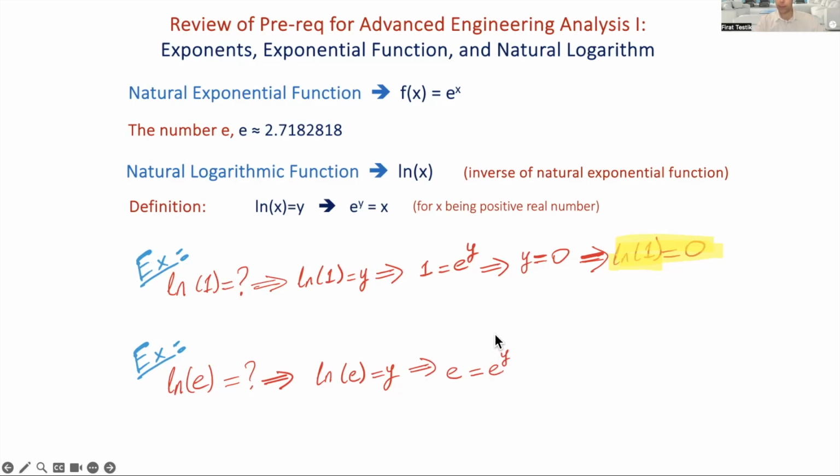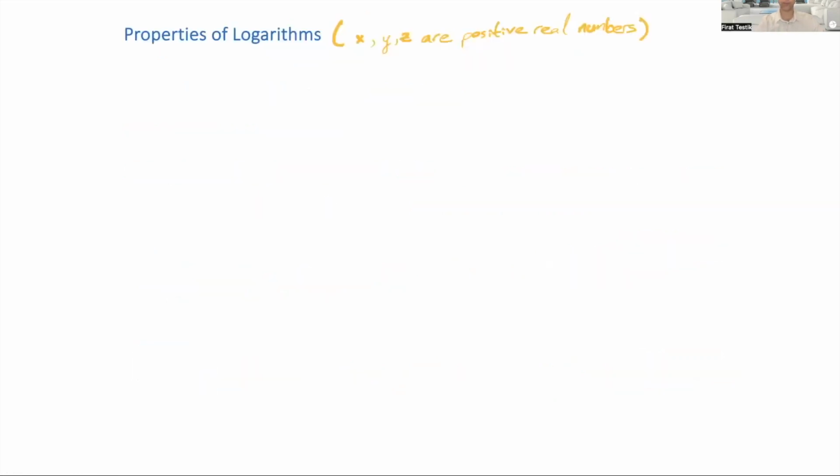Left side has to be equal to the right side. So y should be equal to 1, because bases are the same, right? So exponents also have to be the same. Exponent on the left side is 1. So the exponent on the right side, which is y, should also be equal to 1. Then ln of e is equal to 1. So natural logarithm of e, number e, is equal to 1. This is an important case as well that we will use later on.